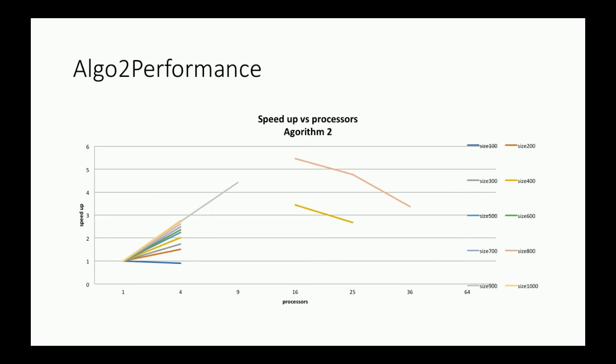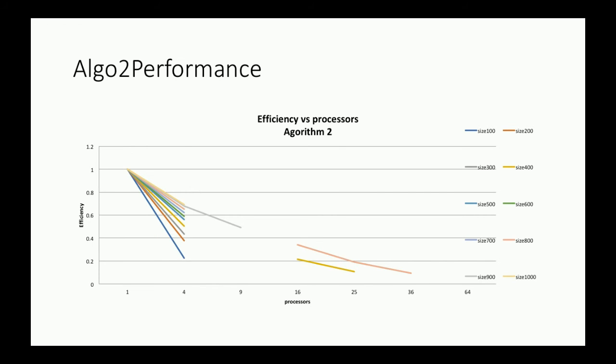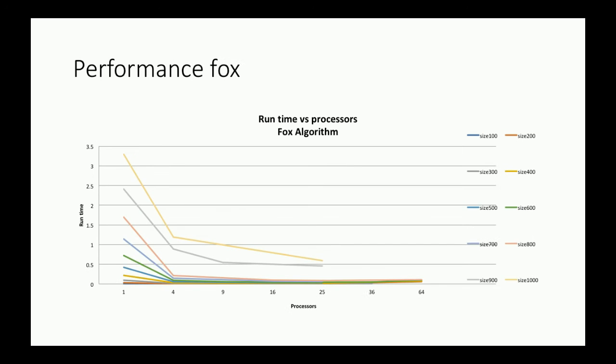The max value that we got for the speedup is between 4 and 5. For the efficiency, we observe a decreasing behavior. All the values are below 1, so this is not good. That was not a good result.